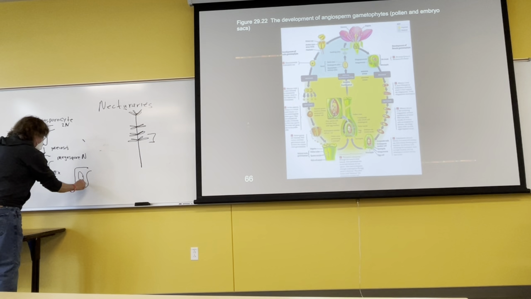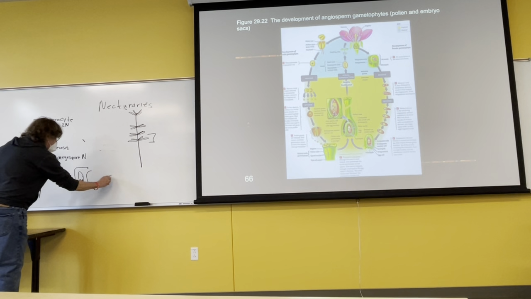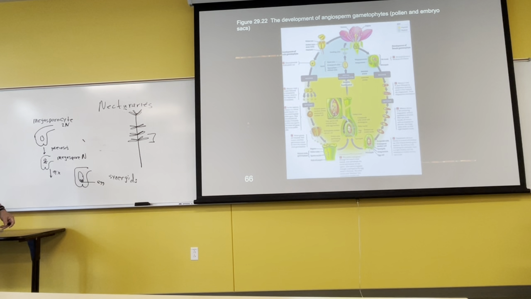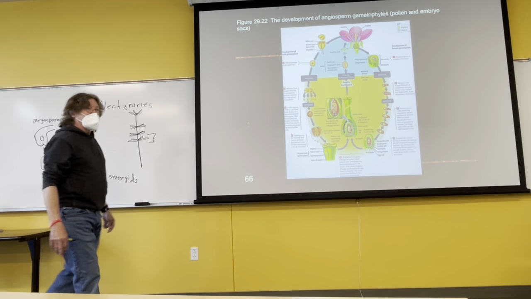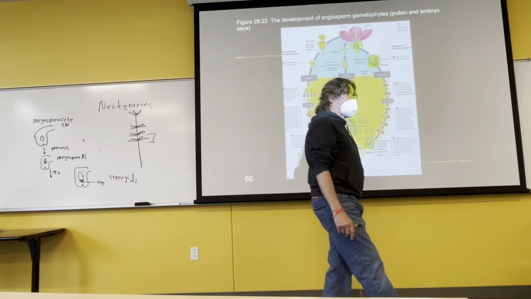One of them is an egg. The other 2 cells are called synergids. The synergids represent the remnants of the archegonium.